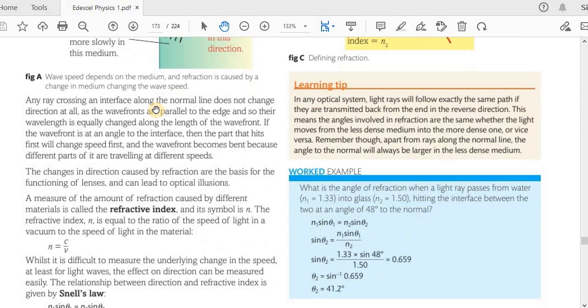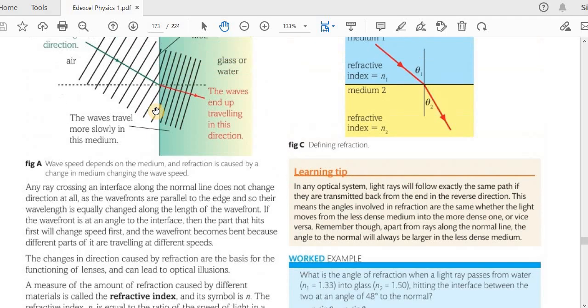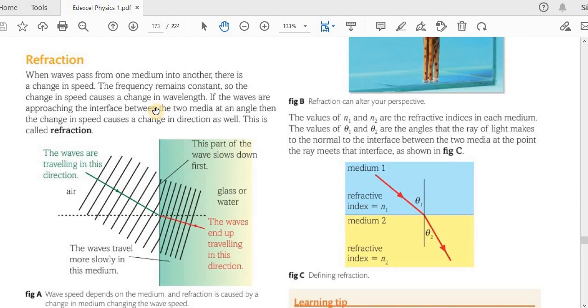So in that equation, if F is constant, then when the wavelength decreases, the wave speed should decrease. Remember here, when it goes from one medium to another medium, the frequency remains constant.